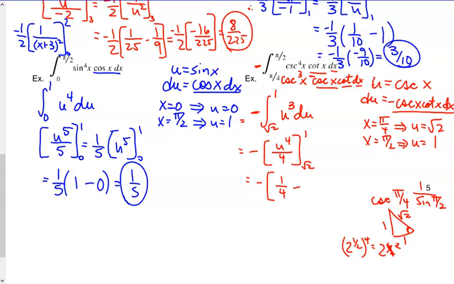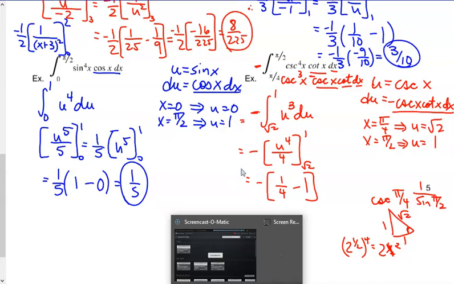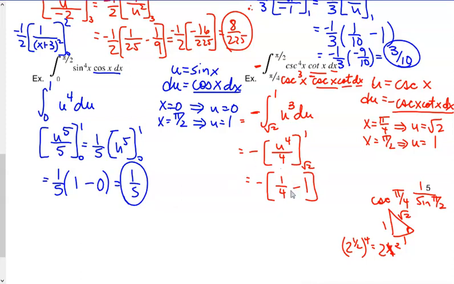So I end up with a 4 when I take root 2 to the 4th power. But when I divide it by this 4, I get a value of 1. So be very careful. If you need help with your scientific calculator or graphing calculator, please use that as an advantage. 1/4 minus 1 is a negative 3/4, and therefore the opposite of that is going to be positive 3/4 as a final answer.